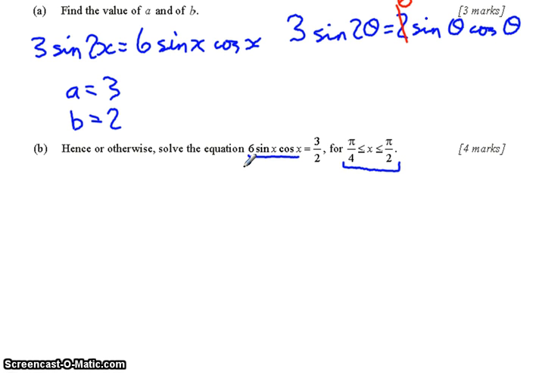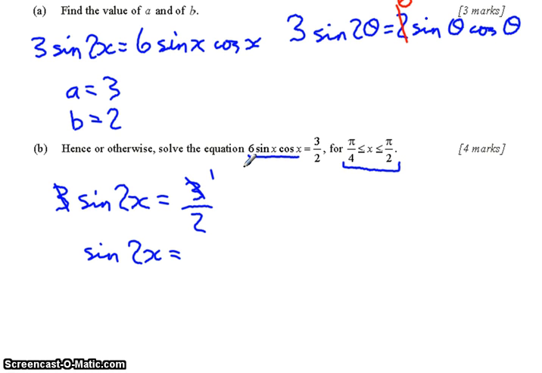Well, notice that's exactly the same as we had before. We're not going to be able to solve it like this, but we can solve it if we use what we did before, i.e. we've got 3 sine 2x equals 3 over 2, and that means if we divide both sides by 3, we have sine 2x equals 1/2.